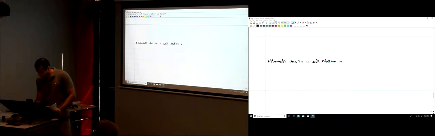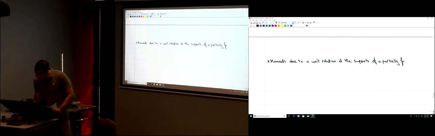So, moments due to the unit rotation at the supports of a partially fixed beam.